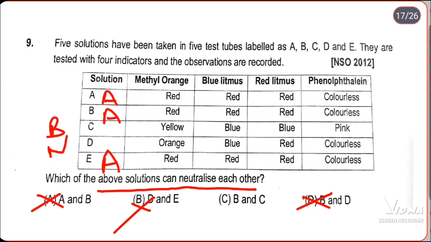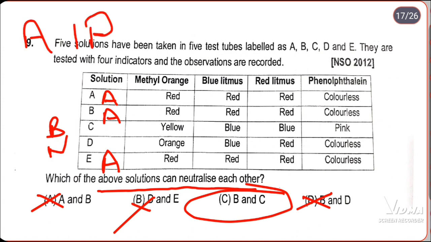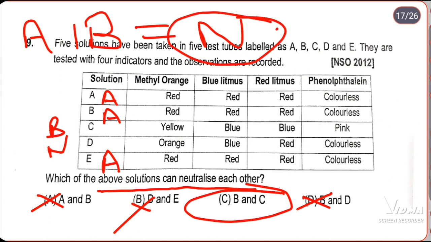So the correct answer is option number C, which is B and C. Because when we add an acid to a base, it is neutralized. It's not acidic and not basic. So the correct answer is option number C.